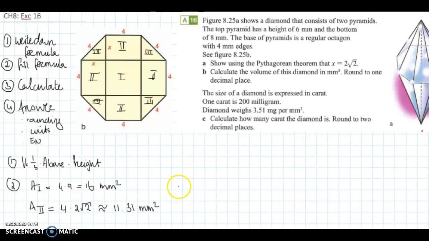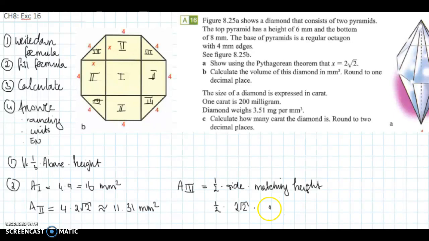Then the area of the triangle, and we know that the area of a triangle is a half times side times the matching height. That means over here it will be a half times 2 square root of 2 times 2 square root of 2.